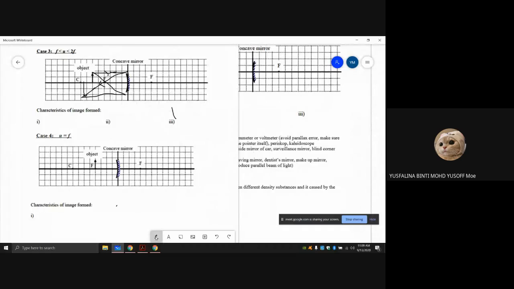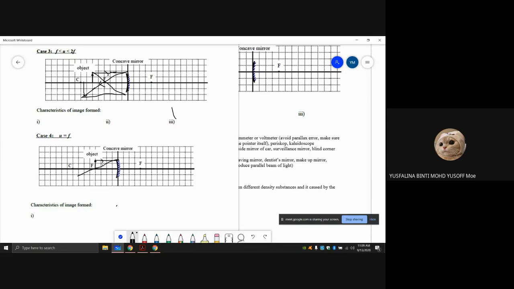The first one, same way: from the object goes here, and then reflects back to F like this.